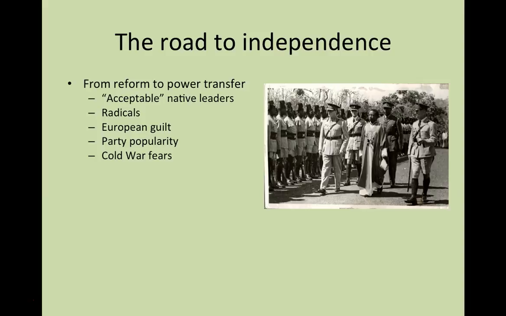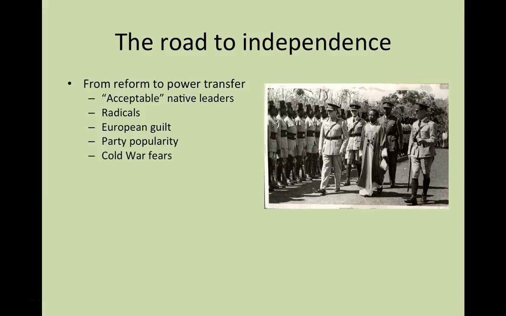And Ghana here is a good example. The United Gold Coast Convention, as it was called, ends up being completely superseded by the Convention People's Party of Kwame Nkrumah over the course of the late 40s and early 1950s, to the point where the UGCC, the one that was acceptable to and was working actively with the British, was totally supplanted.